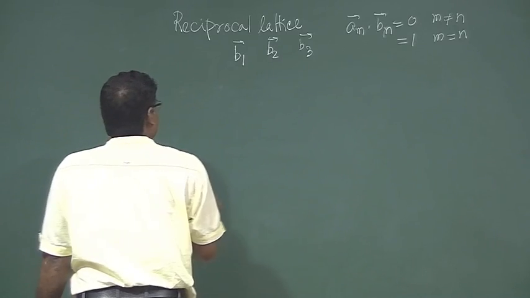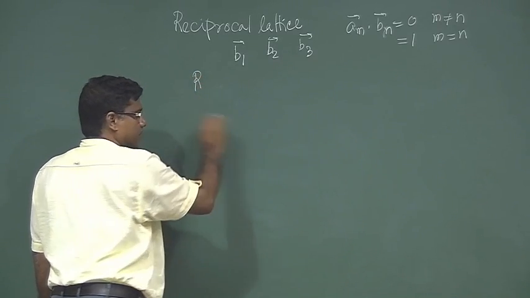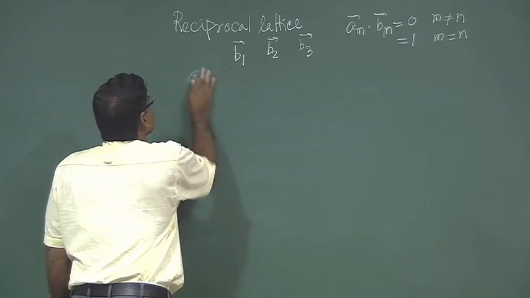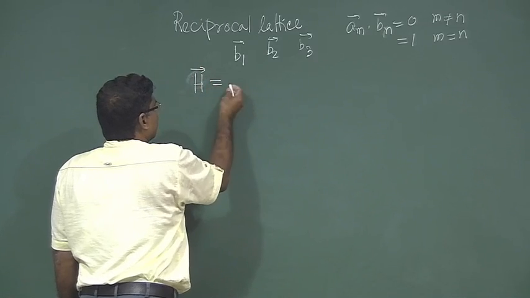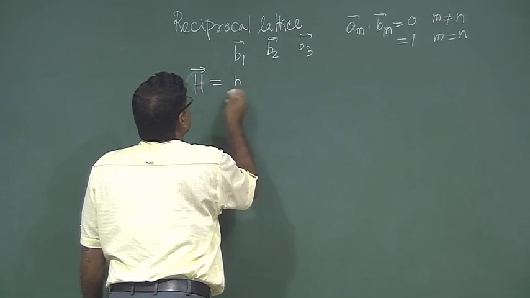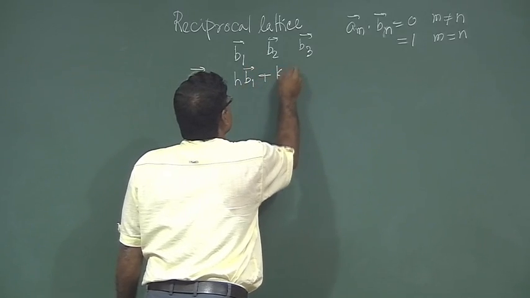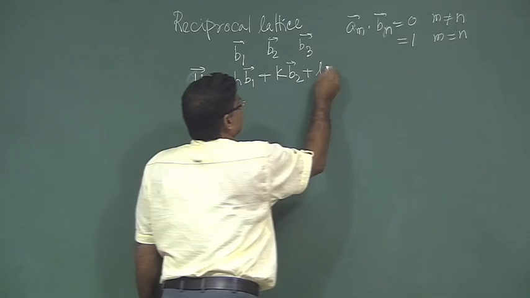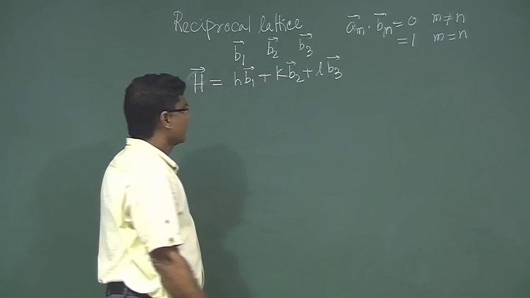And reciprocal vectors are equivalent to the translational vector in the space lattice. So, the reciprocal vector H, I wrote as H B1 plus K B2 plus L B3, right.